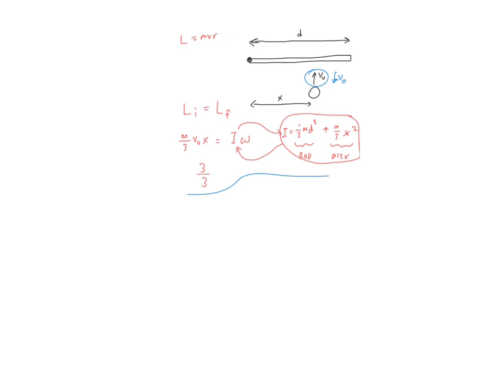And once again, because this is an isolated collision, that means that the angular momentum is conserved. So that means the change in the total angular momentum, the delta L, will be equal to 0. So the gain in L, the angular momentum for one of the objects, will be equal to the loss in angular momentum for the other object, so that the overall total change in angular momentum is the same.